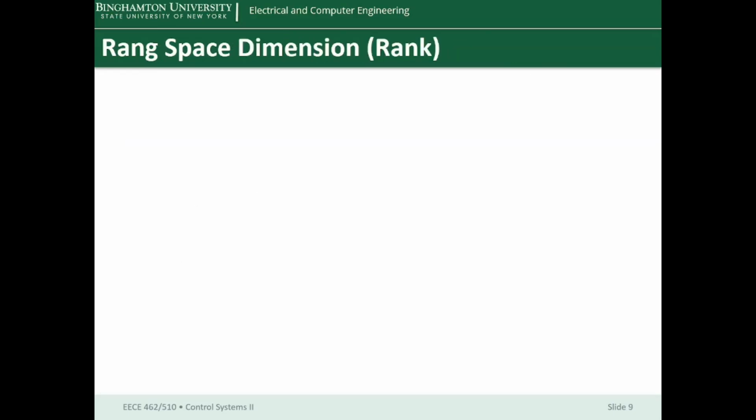Once we have proved that the range space and null space are subspaces, it naturally follows that each of them must have a basis and a well-defined dimension. Let's start with the range space. Its definition is quite straightforward.